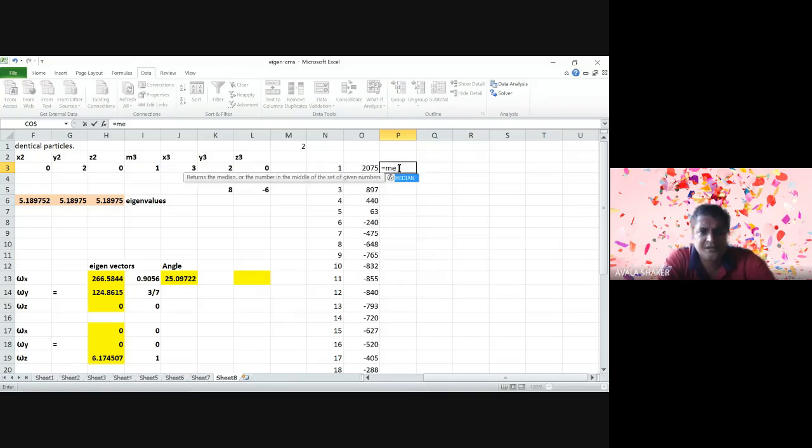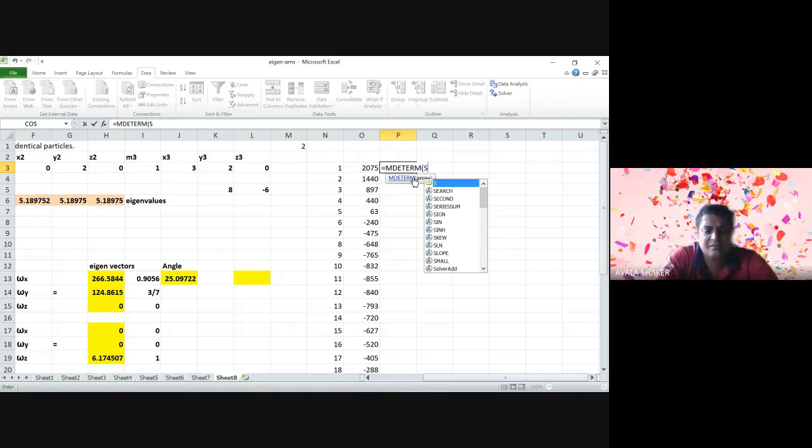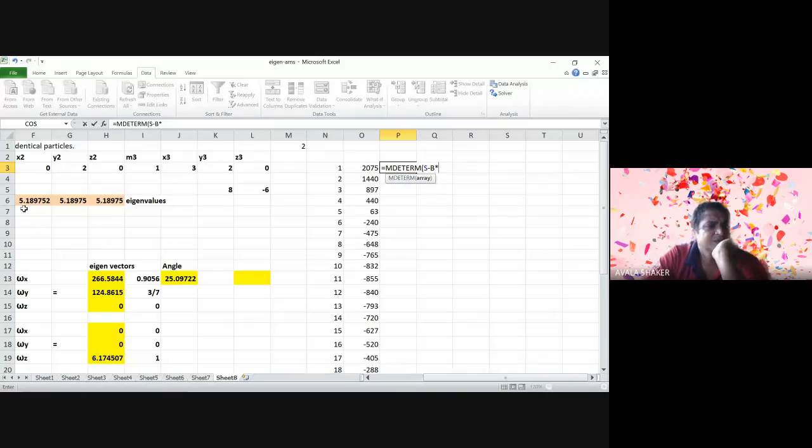M determinant of S, minus B, into here we are taking this random value. So let me take this value here, whatever it is, I'm assuming that, and enter. So understood this? And then you can just drag it.